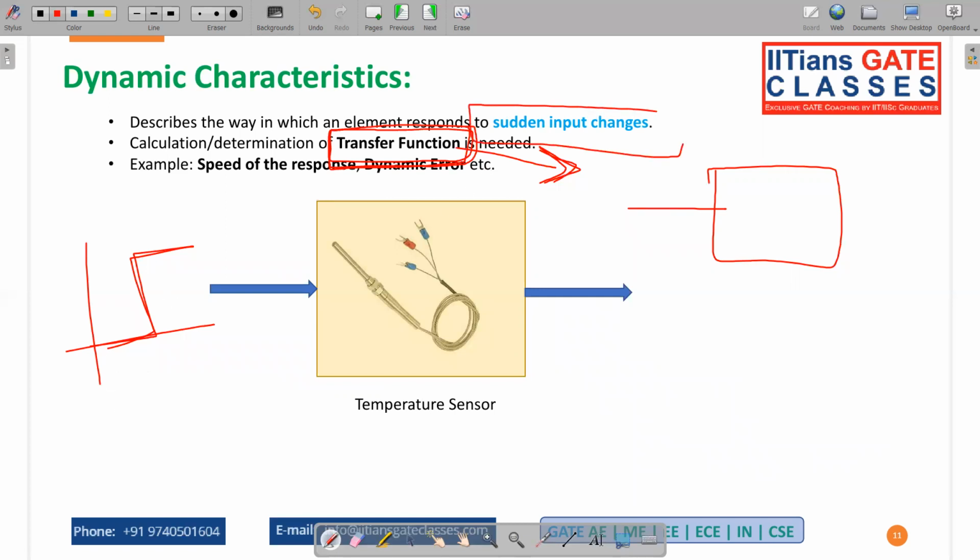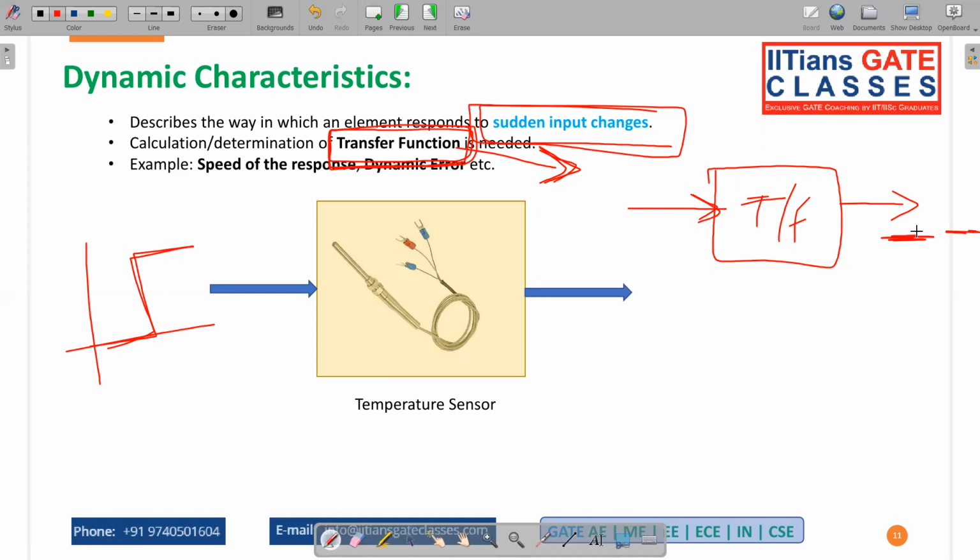This is the dynamic characteristics, that the element is responding very suddenly to the particular change in the input, right? So you find the transfer function, then for a particular change in input you will find the output, and then you plot or analyze the particular response. So that is the dynamic characteristics.